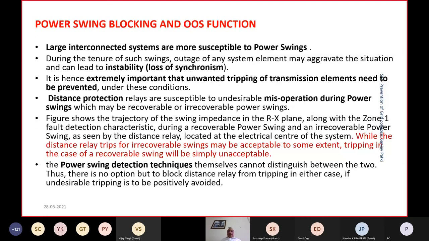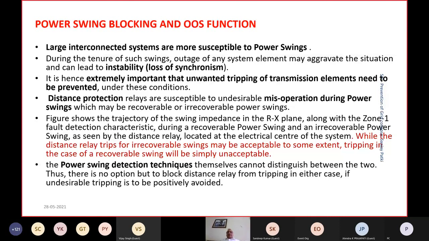So one of the important requirements of the power system is that when the system is unstable, you should prevent tripping of the line, because the system becomes weak when the interconnecting lines are isolated.